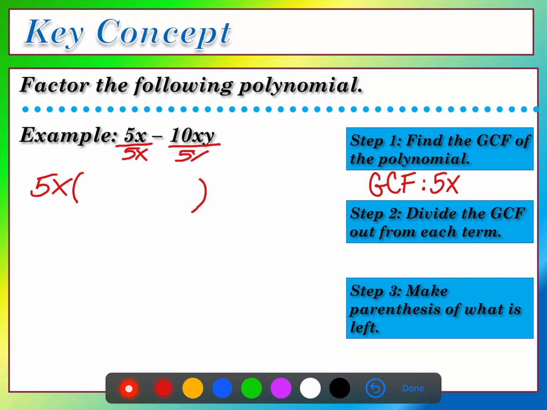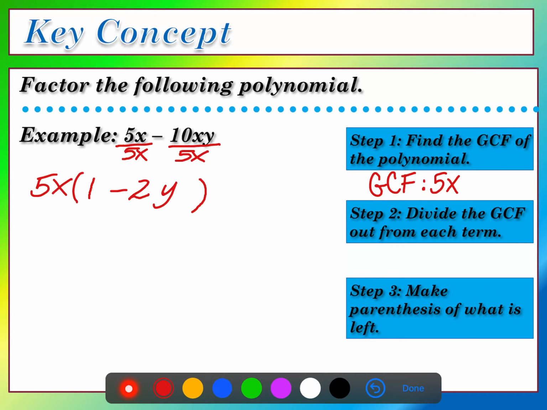And this gets divided out from each term. So now I've set up these little mini exponent problems. 5x over 5x, it's division, so that should equal 1. 10xy divided by 5x, so we can divide the coefficients and then subtract the exponents, so the x's cancel and we're left with y.